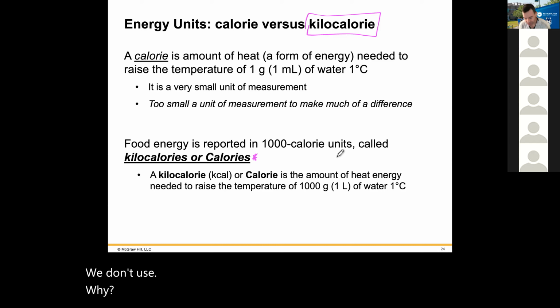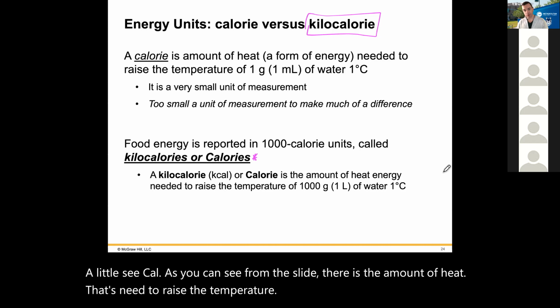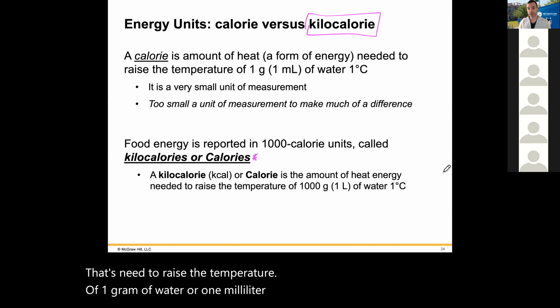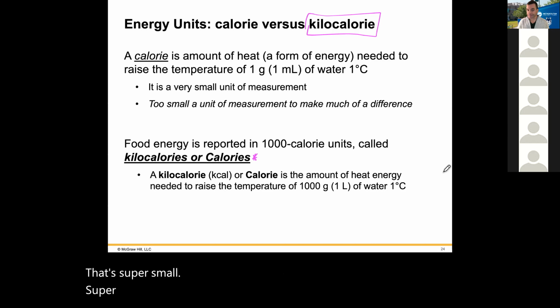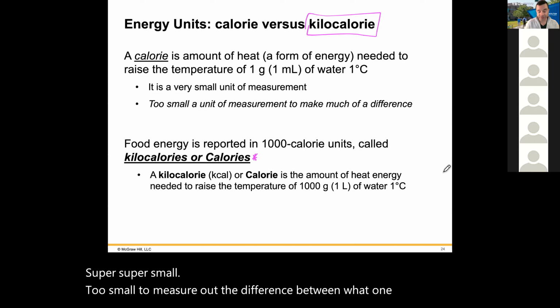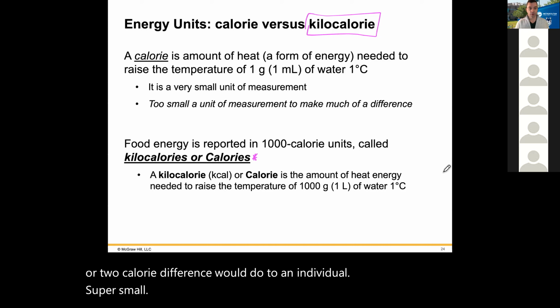A little c calorie, as you can see from the slide there, is the amount of heat that's needed to raise the temperature of 1 gram of water or 1 milliliter of water, 1 degree centigrade. That's super small. Too small to measure the difference between what a 1 calorie or 2 calorie difference would do to an individual. Food energy gets reported in 1,000 calorie units.